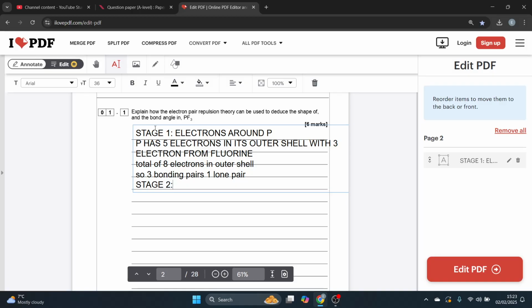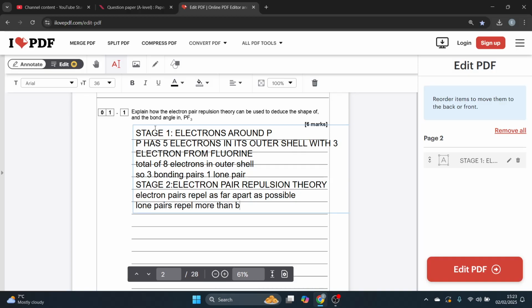Stage 2, electron pair repulsion theory. Electron pairs repel as far apart as possible, and lone pairs repel more than bonding pairs. Stage 3, conclusions.